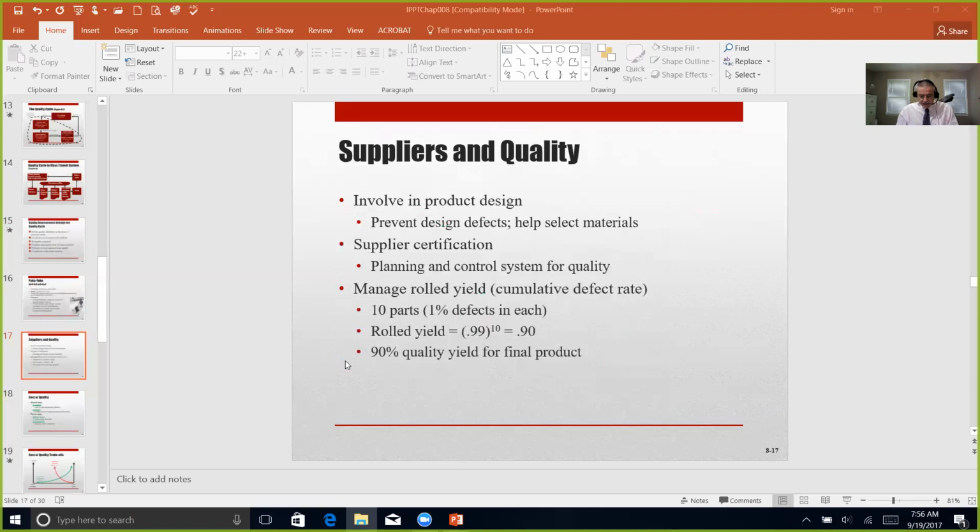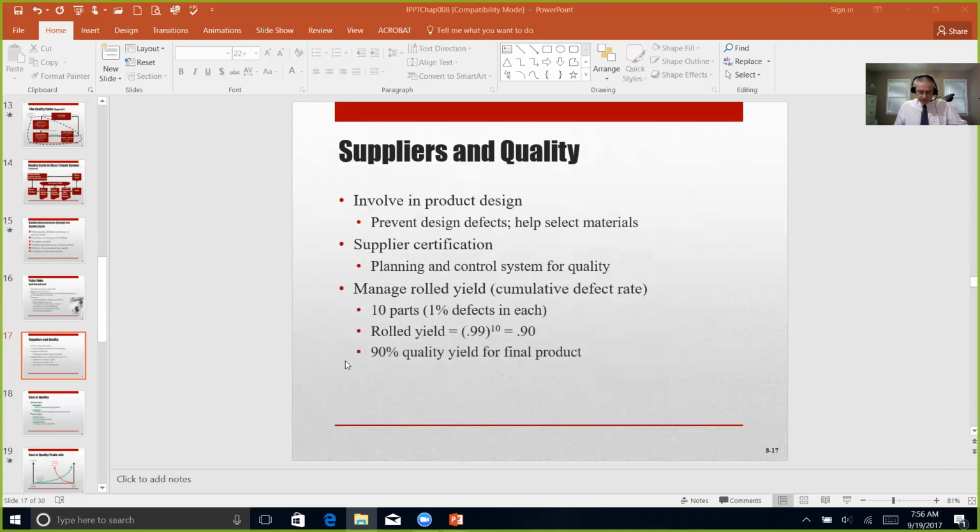And we have this concept called rolled yield, which accounts for the cumulative defect rate observed by the final customer. And they give us this example, and this is a good example to make sure that you understand how it works. Here we have a product or service that has 100 components. And of those 100 components, each part has a yield of 99%, with 1% being defective.